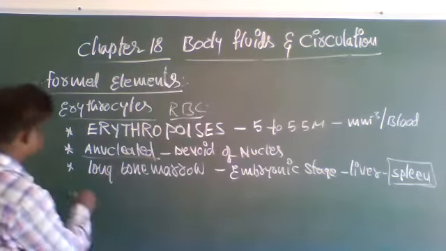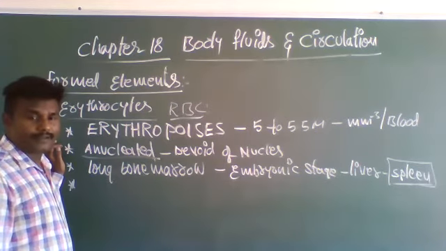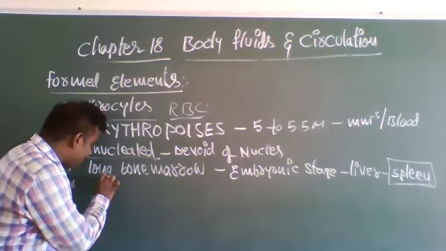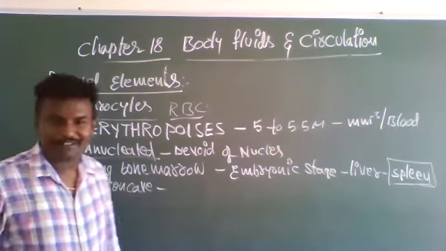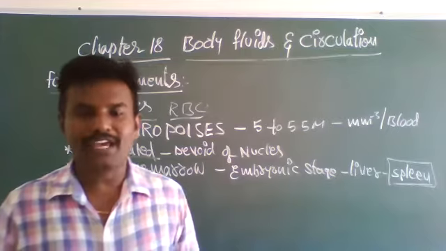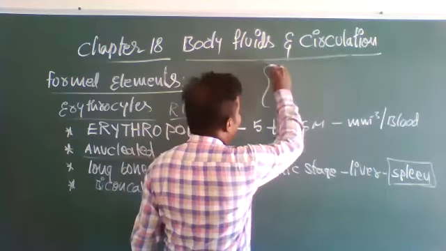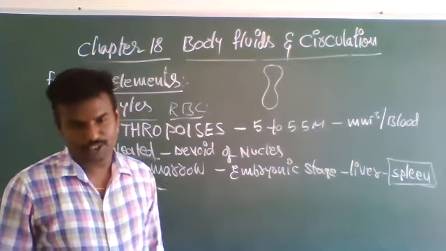Generally, red blood cells are biconcave in shape. Mature red blood cells are biconcave in shape.